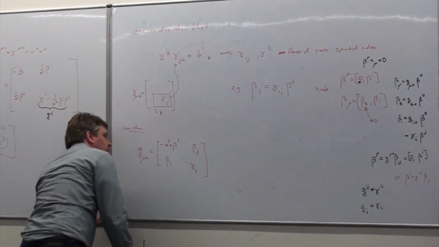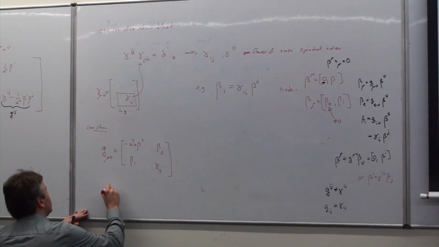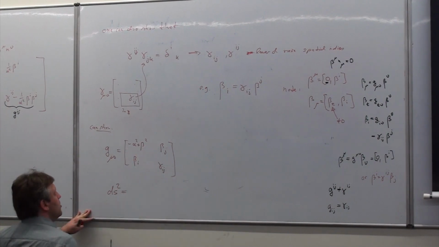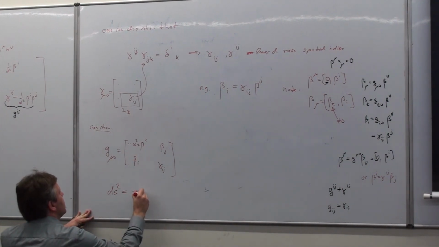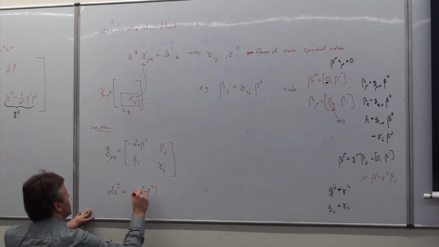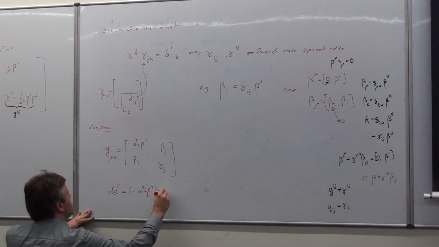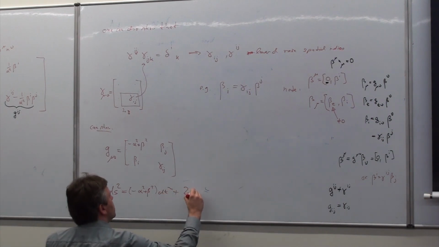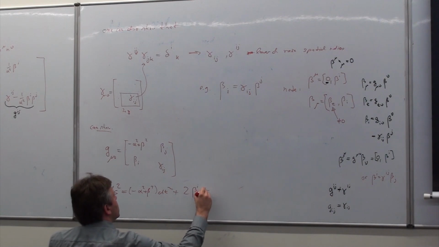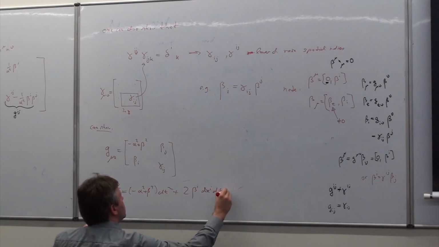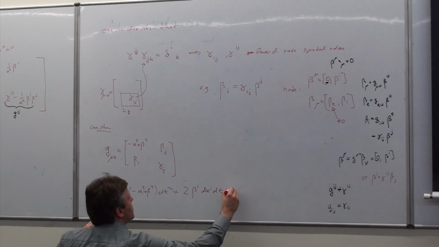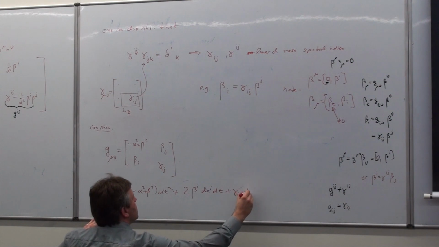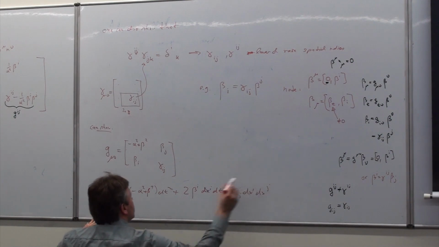Okay, having g lower ij, we can now write down our space-time interval by just multiplying this thing out. We have minus alpha squared plus beta squared dt squared plus 2 beta i dx i dt plus gamma ij dx i dx j.